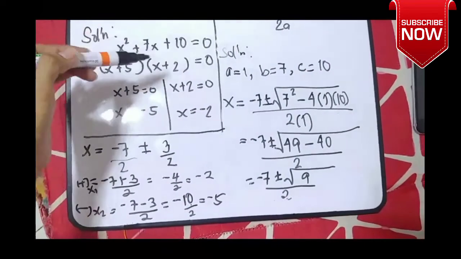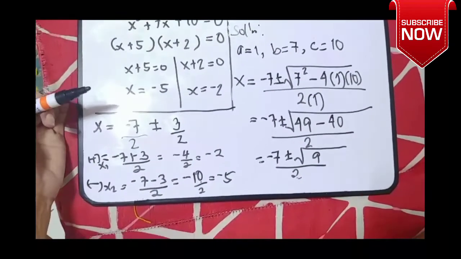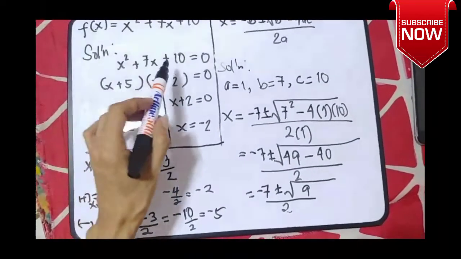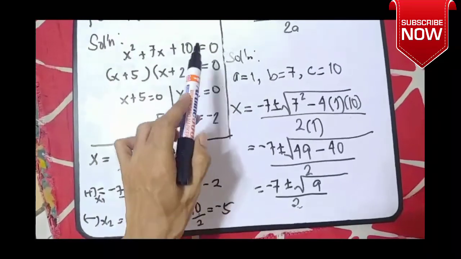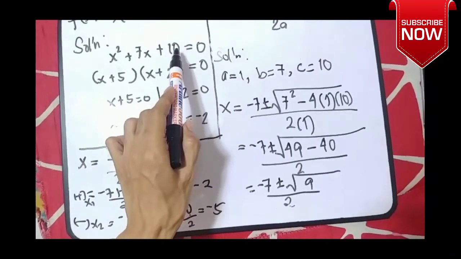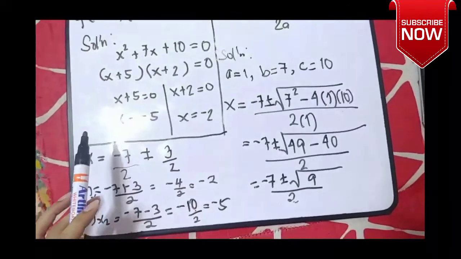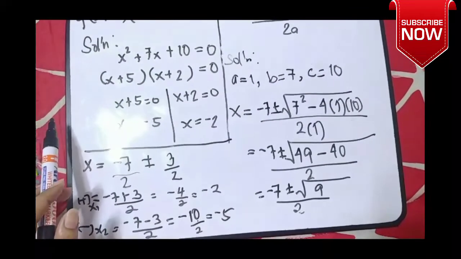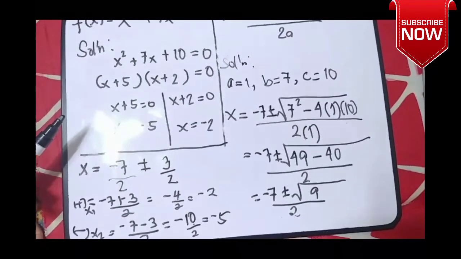What do you think is the other reason kung bakit mas mabilis isolve yung factoring? Dahil nga sa once na na-identify na natin yung two numbers na aakma sa product of the roots and sum of the roots, yun na mismo ang ating solution sa problem. Or yun na mismo yung roots sa equation.